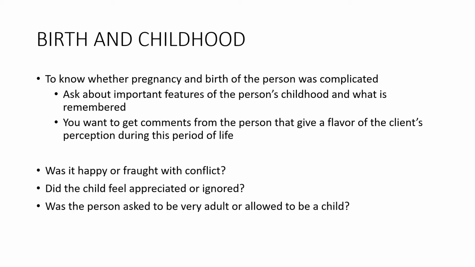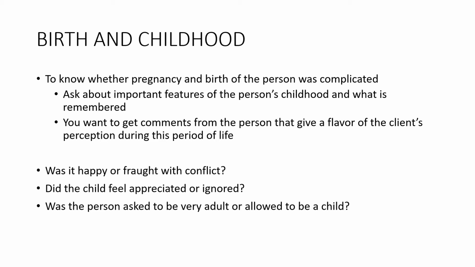Birth and childhood. You want to know whether the pregnancy and birth of the person were complicated. You might want to ask about important features of the child's childhood and what is remembered, and get comments from the person that give a flavor of the client's perception during this period of life. Here are some examples: was it happy or fraught with conflict? Fraught basically means full of, okay?